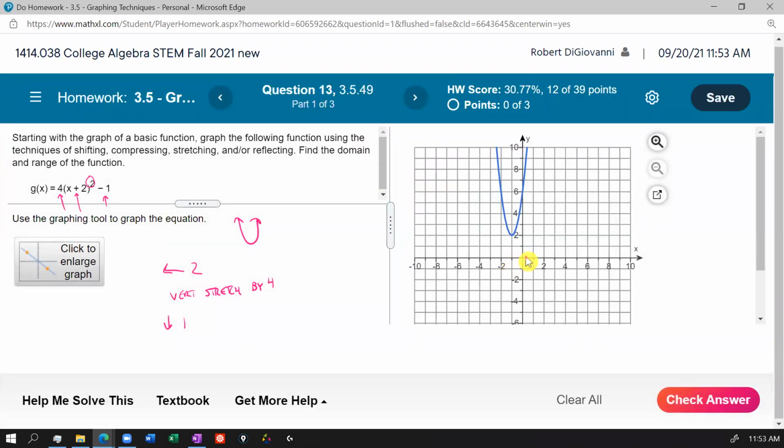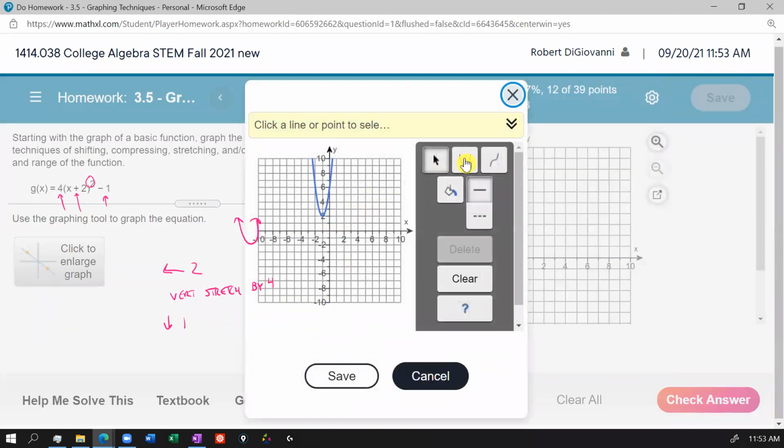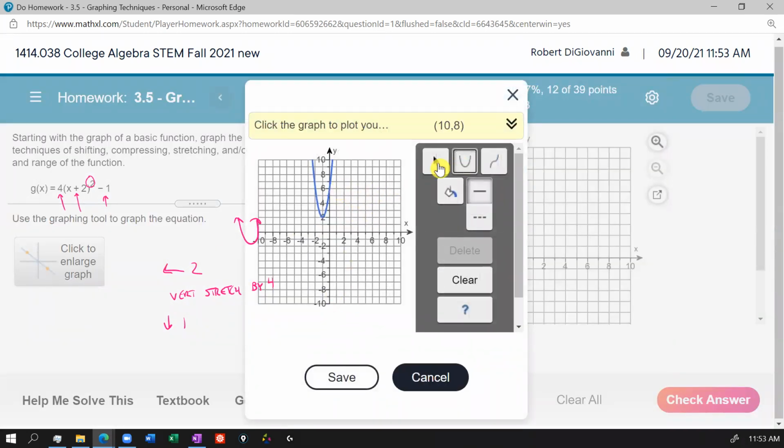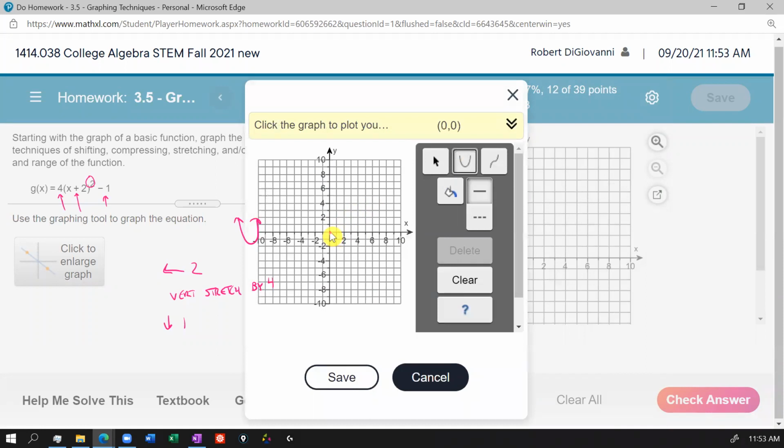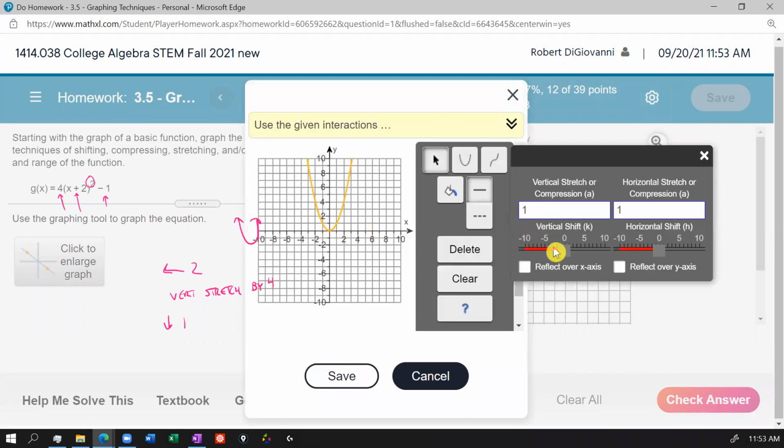Okay, let's see if this did it. Looks like we only went left 1. Let me go left 2, hold on. Here, let me try it again. There we go. Now I can actually see it. Oh, that was our vertical shift.